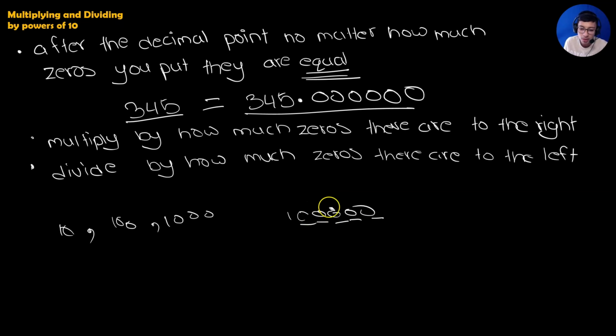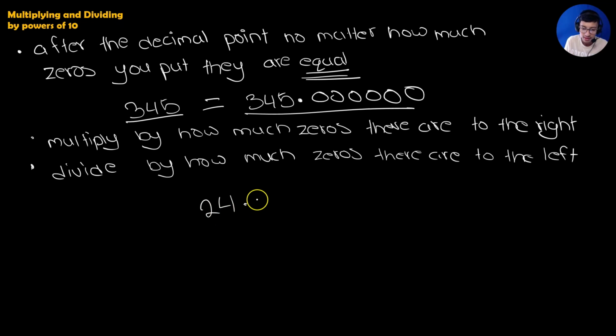So let me just show you what I'm trying to say in an example. So we have here 24.3227 times 100. Here we have two zeros within the 100, and it is times, so we know that we will move the decimal place to the right, two places because there are two zeros in the 100.